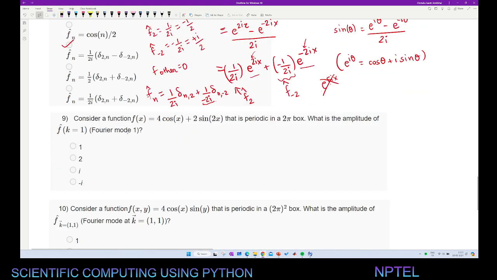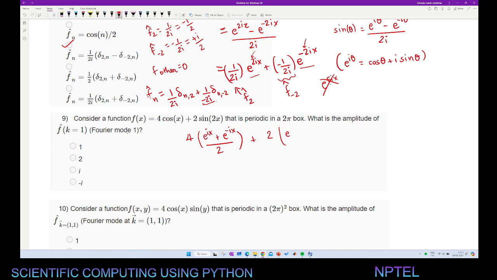Okay, perfect. Again, very easy, similar question. f of x is 4 cosine x plus 2 sine 2x. Again, it's already given as a sum of these frequencies. So all we have to do is just make them exponential. So 4, what is the formula for cosine x? e to the power ix plus e to the power minus ix divided by 2, and plus 2 times, well, it is sine of 2x, so all the modes will be 2.